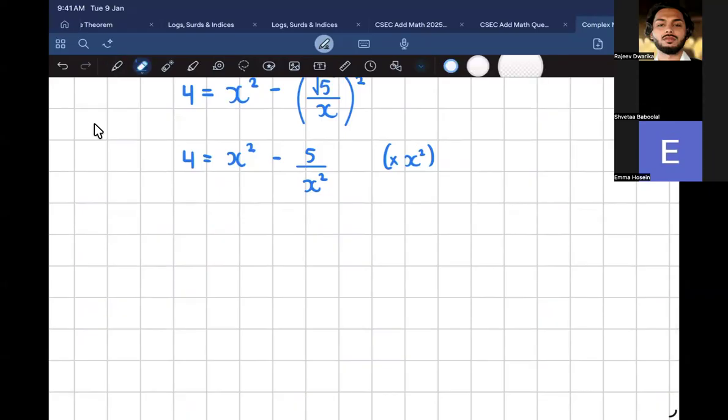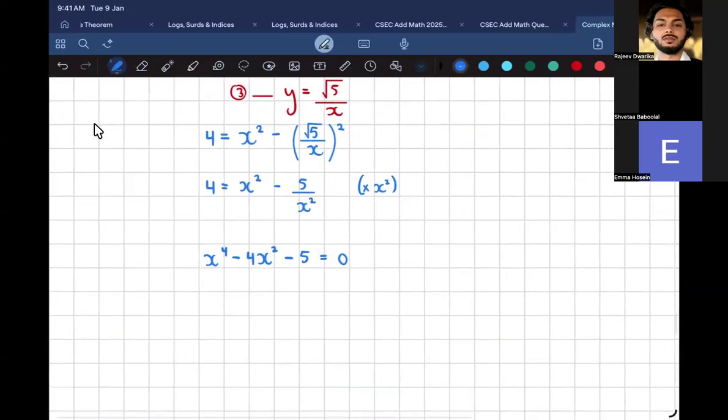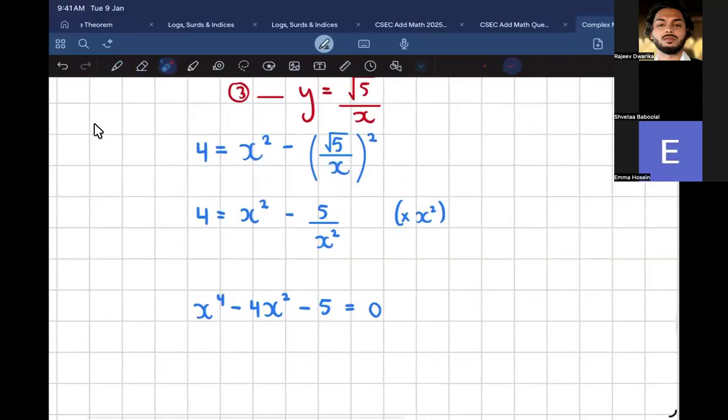So you're going to end up with x to the power 4, minus 4x squared, minus 5. I think that's it. Let me just verify that one more time. So x squared on this side, that goes to x to the power 4. Then when I move this across, I'm going to get minus 4x squared.